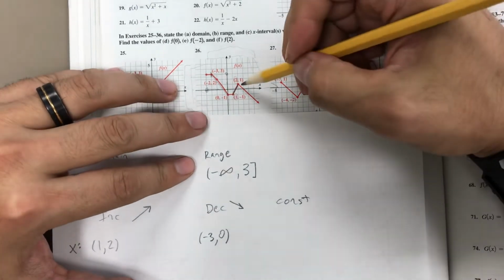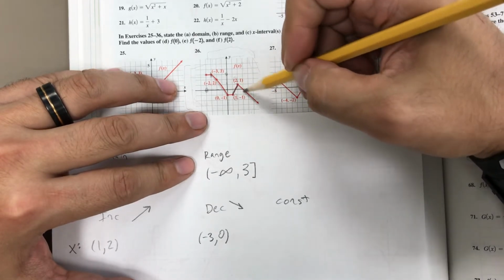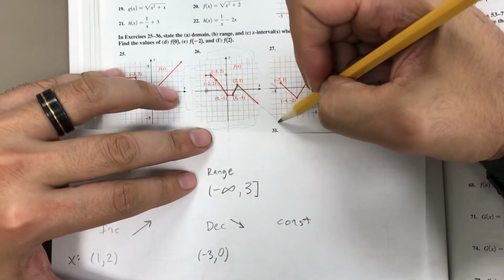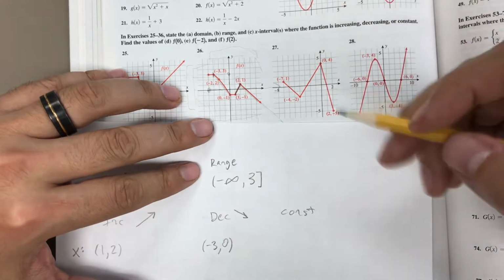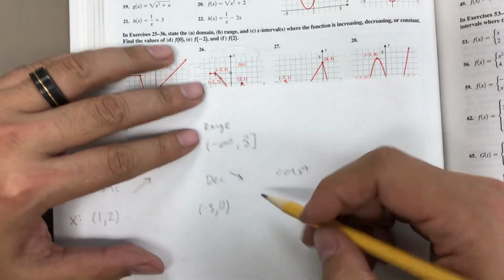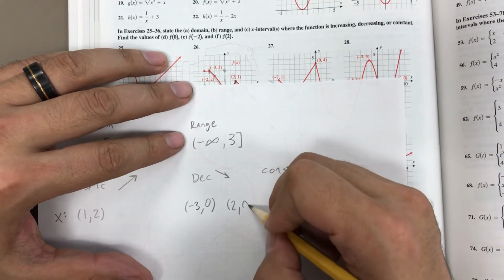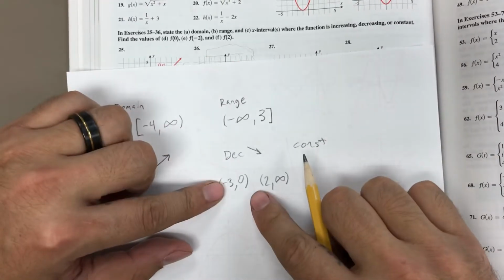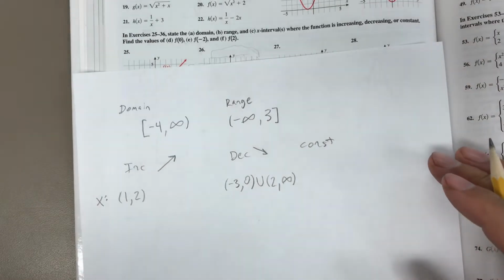All right, and then it's decreasing again, going down to the right over this interval. Starting when x is 2, it just keeps going and going along the x-axis, decreasing. So that goes on to positive infinity because it goes to the right. So we also start at 2 and go to positive infinity. And remember, when we have two intervals like this, we join them together with a union.